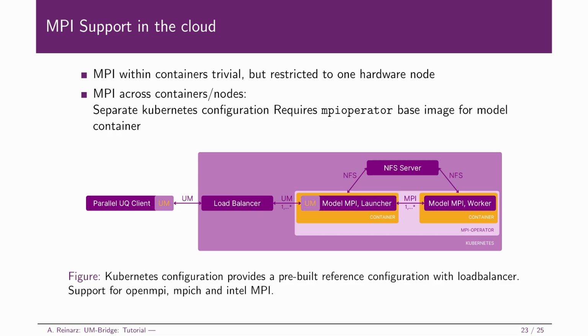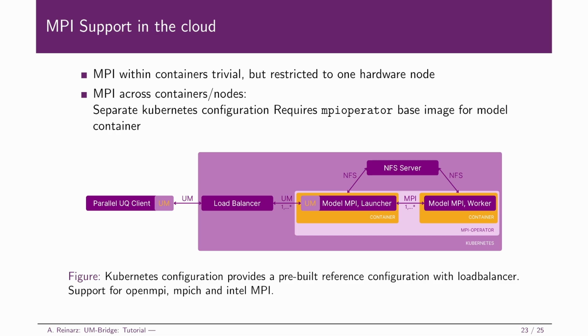Our model is again contained in a little box, which is labeled MPI operator. Now we've actually got multiple containers, the yellow boxes, all of which are running the same model together. They don't communicate with UM-Bridge, they communicate via MPI now. In addition to that, we can also have an NFS server.